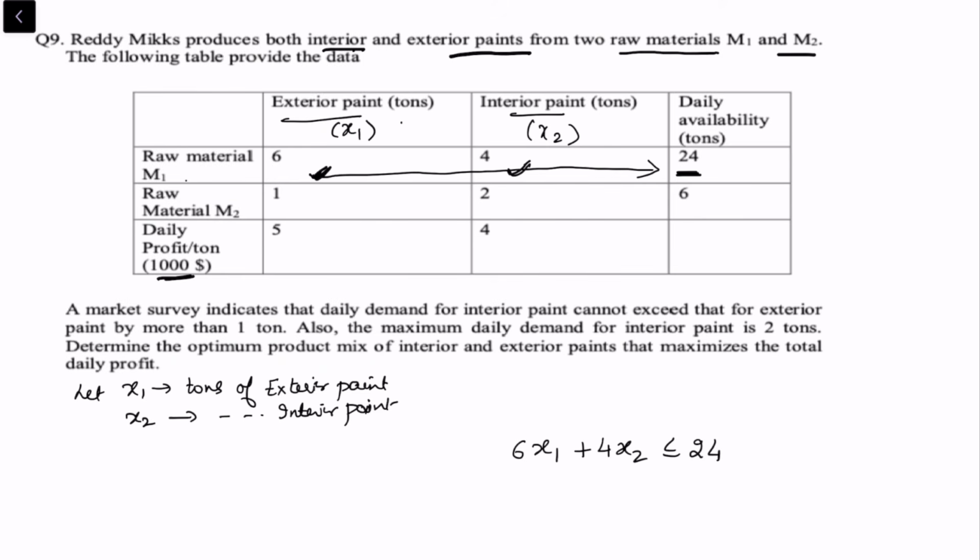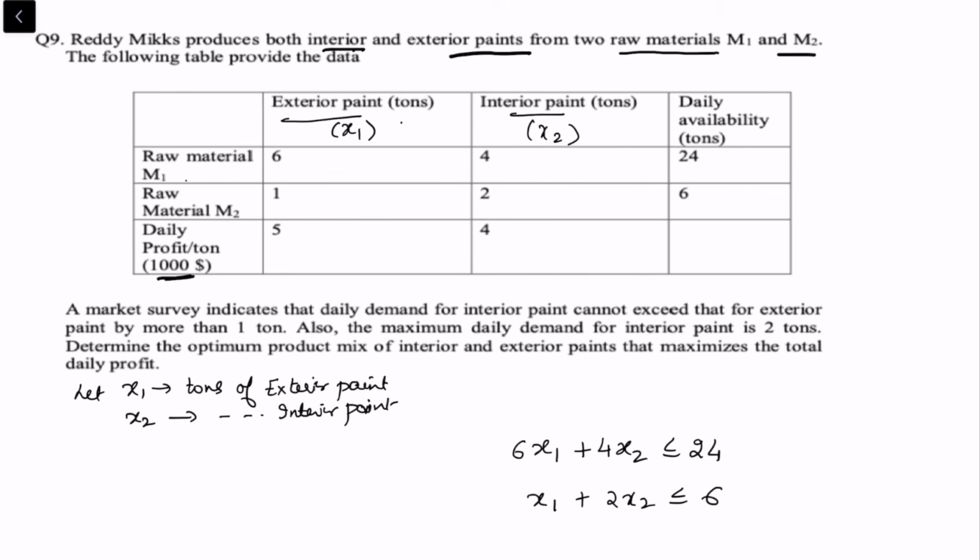On the left-hand side, this is the material consumed while making exterior paint, this is the material consumed while making interior paint, and this is the availability. Now the second constraint, for material M2, is x1 plus 2x2 less than or equal to 6. So this comes from these two data.